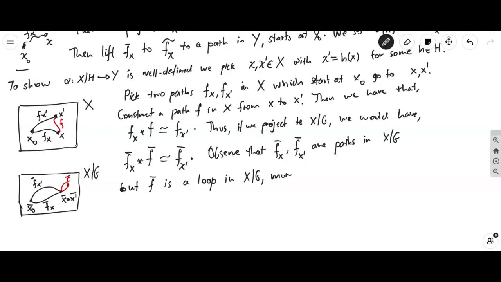More specifically, this is a loop that is based at the point. So it's in pi 1 of X mod G, but it's not a loop at x0. It's going to be a loop at x bar. It's just at a different point. But other than that, it's the same idea. That's going to be a loop.